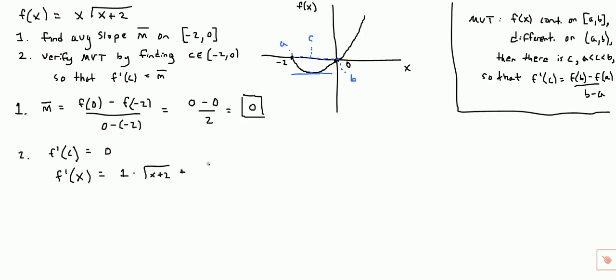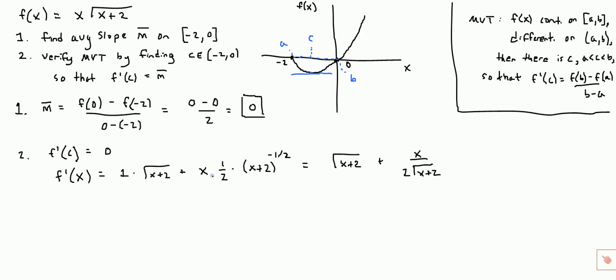And then we add, we have x, and we're going to have 1/2 times x plus 2 to the negative 1/2, right? So that's going to be, I'm just rewriting, square root of x plus 2 plus x over 2 square root of x plus 2.